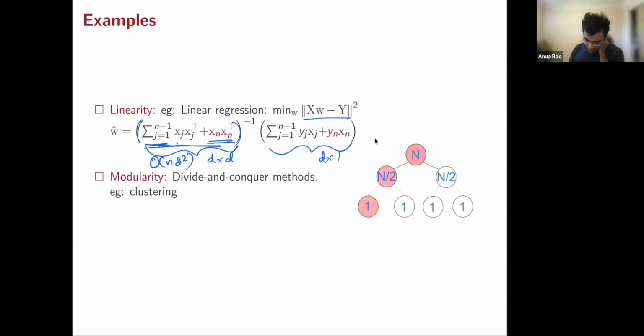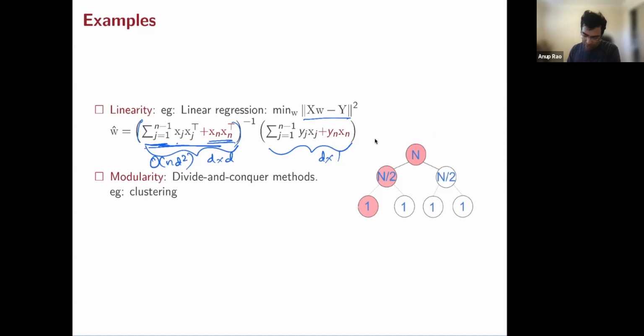Similarly, if we have a divide and conquer structure, like say we have a bunch of data points. Those are the leaves, and we do some computations on the leaves and merge them and so on. And this is our output.